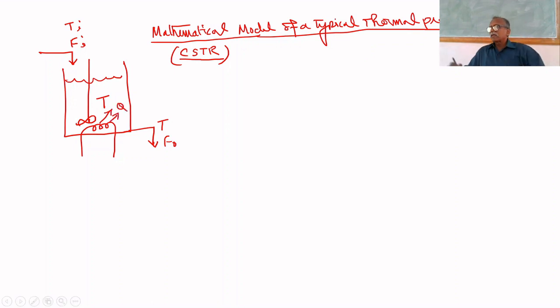The amount of heat supplied here is Q, so many joules per hour or joules per minute.